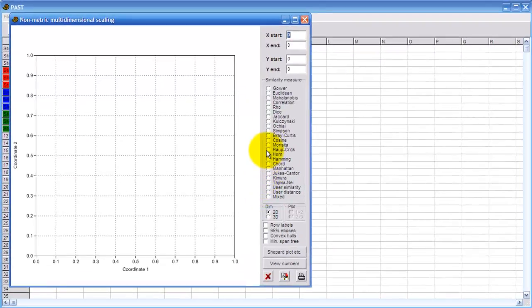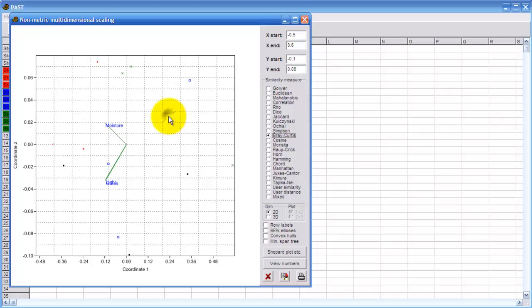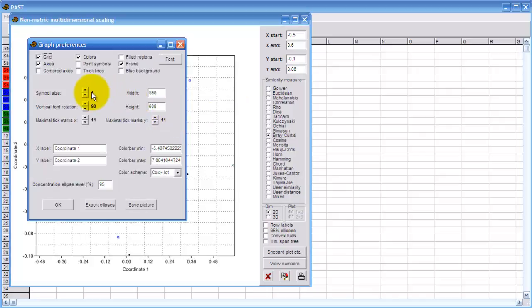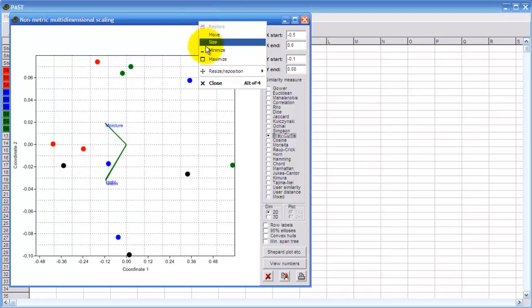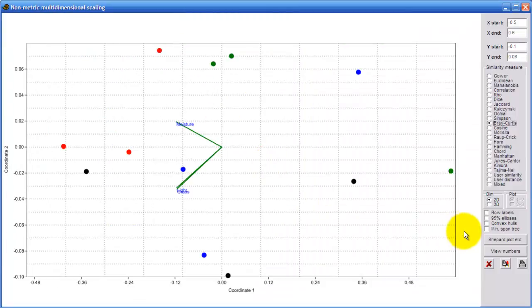Preliminary measure, so we will use Bray-Curtis, which is usual, and tidy up the graph as usual. And lastly, resize. And let's have some labels.